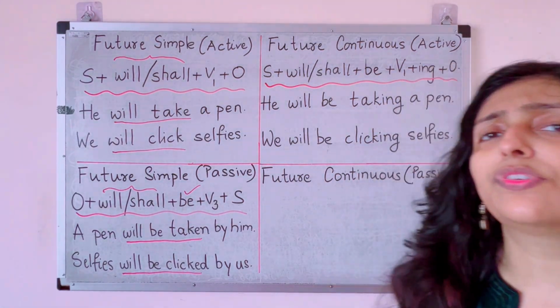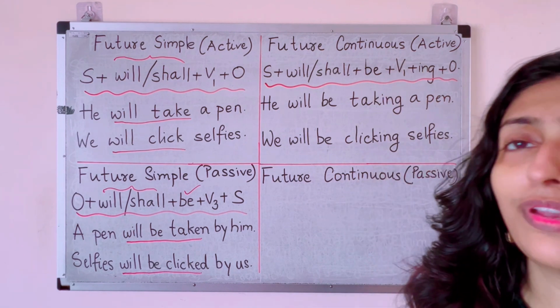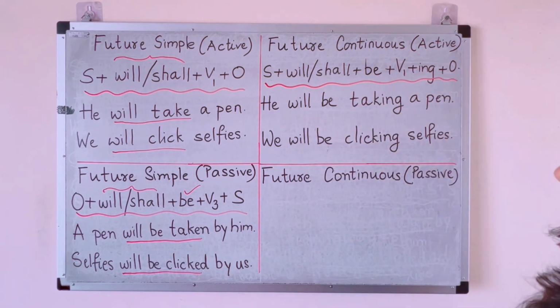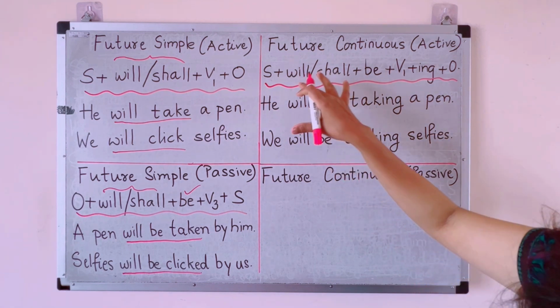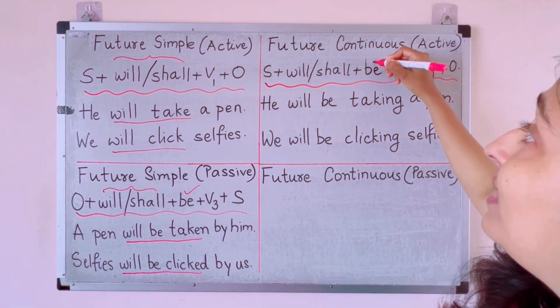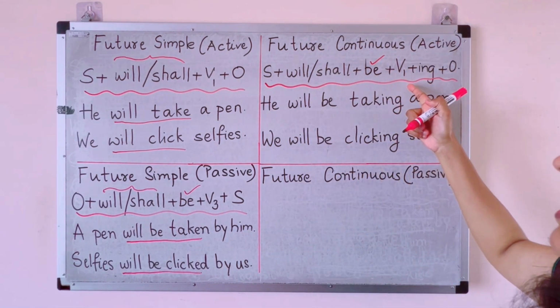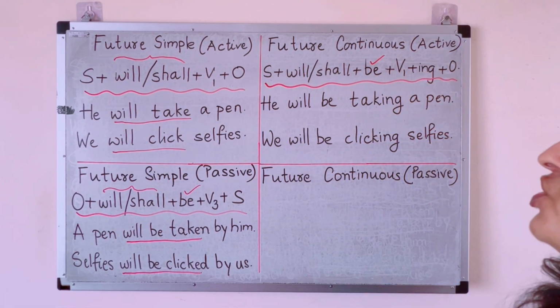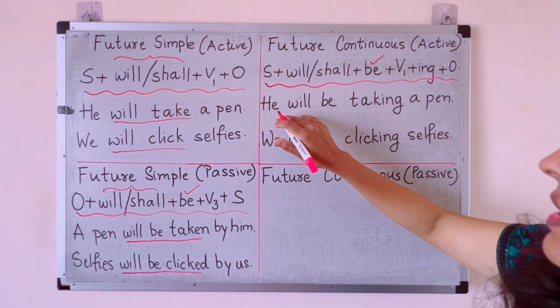Next, the second tense form in the future tense is future continuous. In active voice, the formula is subject plus will or shall, plus there is an extra word you need to add, that is be plus V1 plus ing plus object. So let's look at the example.